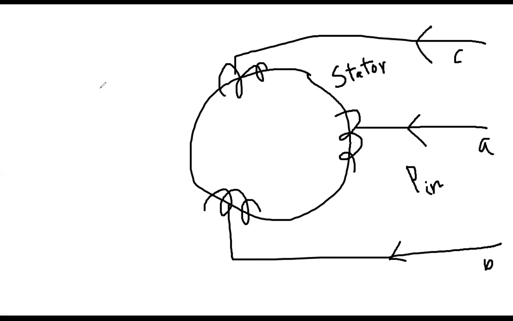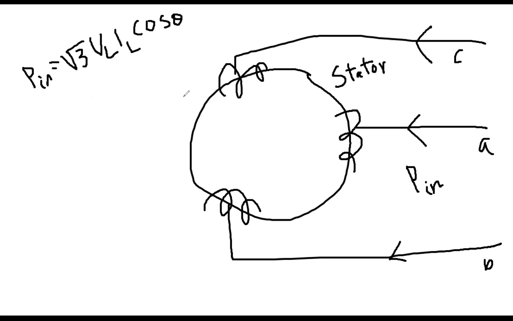P in is, because this is a three-phase system, I have to use that three-phase system equation: root 3 VL IL cosine of theta. Everybody see this one? P in equals root 3 VL IL cosine of theta.